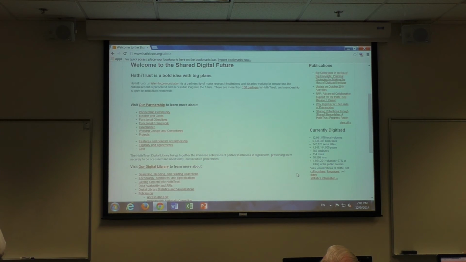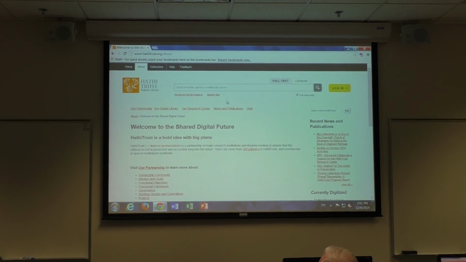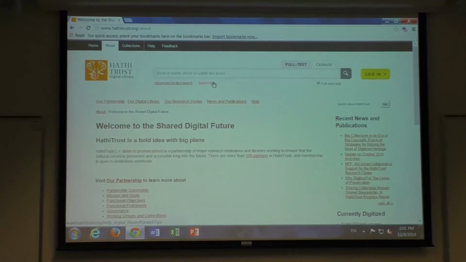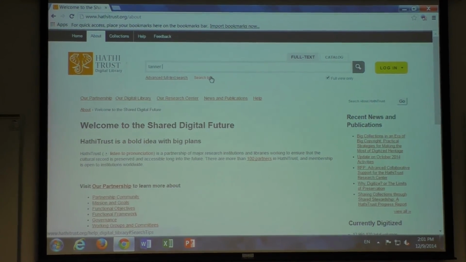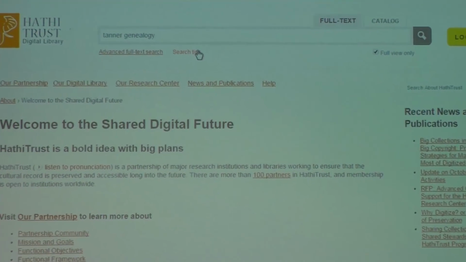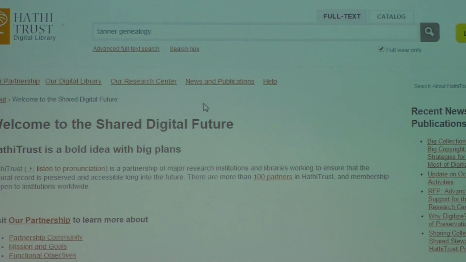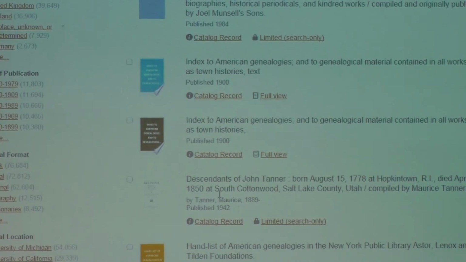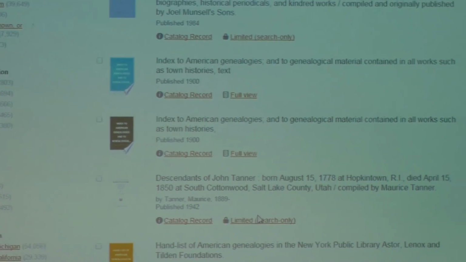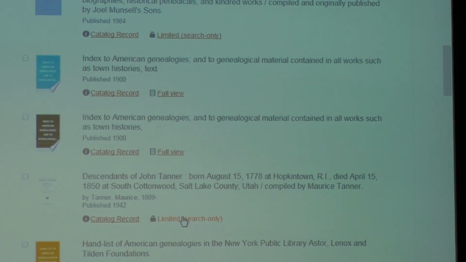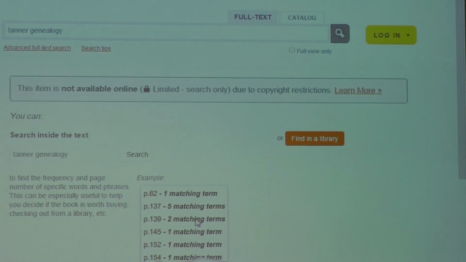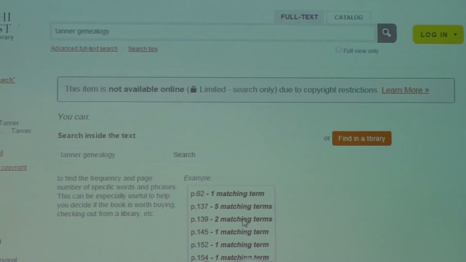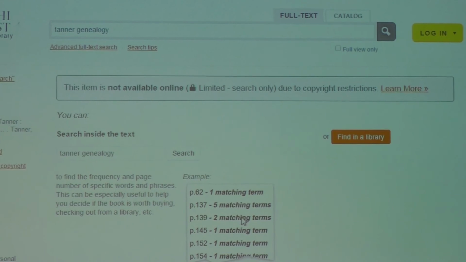Now, what happens if I find something here in the Hathi Trust and I put in Tanner genealogy again? And I go down, and here's a book called Descendants of John Tanner. Now, that's John Tanner that joined the Church, and so this is my third great-grandfather.